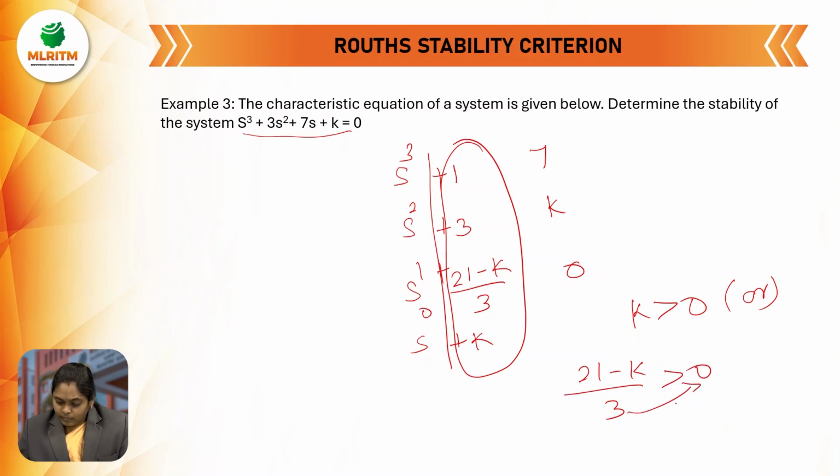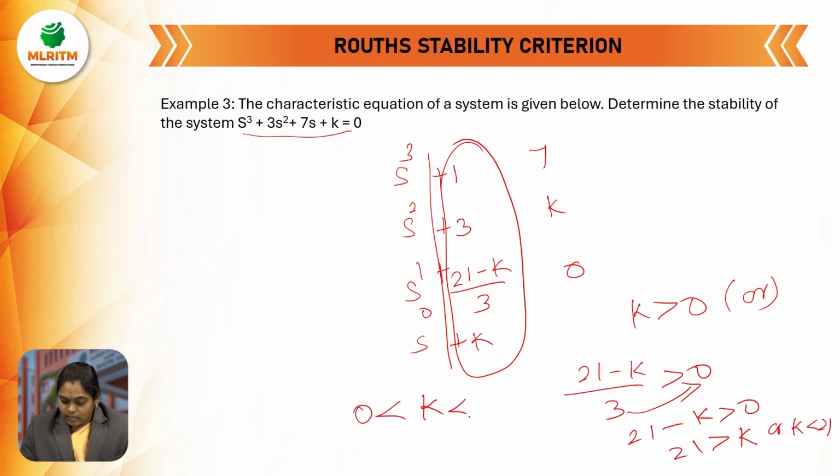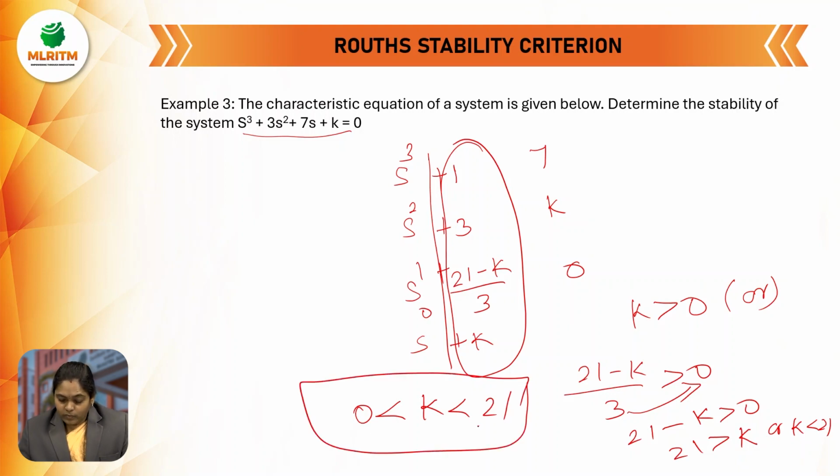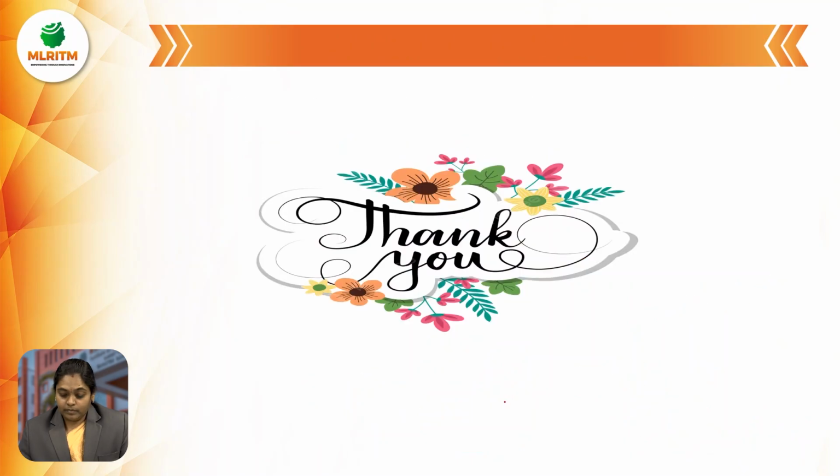So if you take this, 21 minus k greater than 0, or 21 greater than k, or it can also be written k less than 21. So 0 less than k less than 21. So if the value of k is in between 0 and 21, the system is said to be stable. If the value of k is greater than 21, the system is said to be unstable. Thank you.